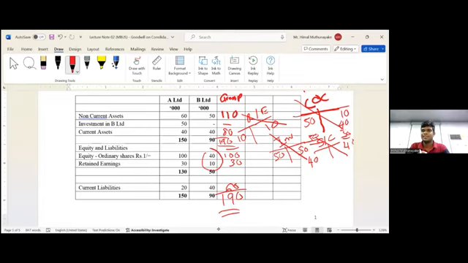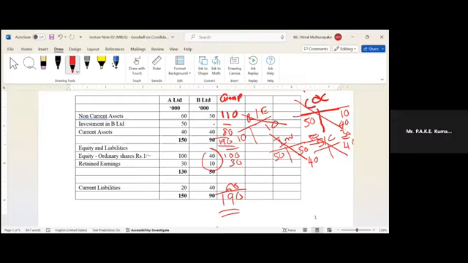Clear? For example, let's say 50 and 40 is 90. If you deduct this 40, then 50 is coming. Clear?